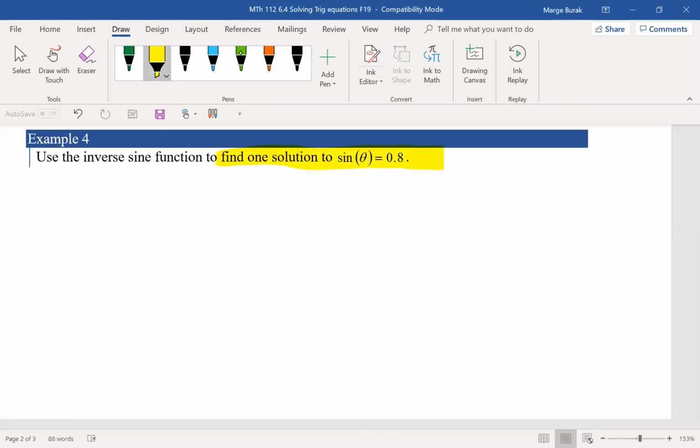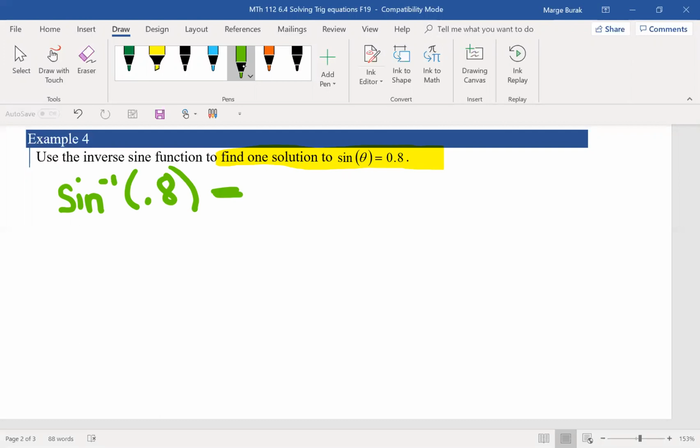So what I would do here on my calculator, let's go with green, would take the sine inverse of 0.8 on my calculator. Now, it does depend on which mode I'm in. So try this on your calculator.